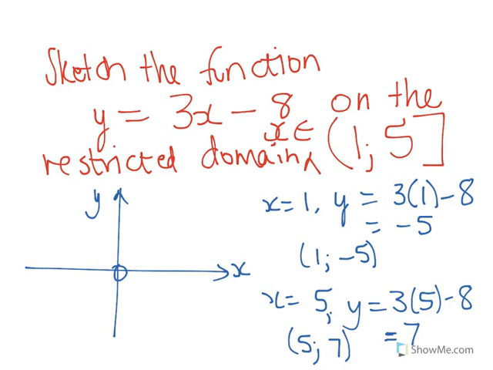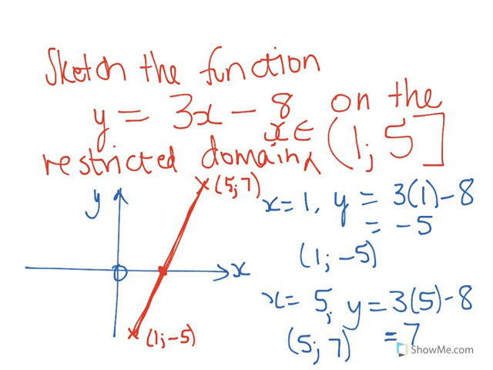So you're going to have here 1 and negative 5. So let's just say somewhere here. And then you're going to have 5 and 7. So your graph is going to look something like that. And you would label those points with their coordinates, just for good measure. And of course, then you need to figure out what that x-intercept is.